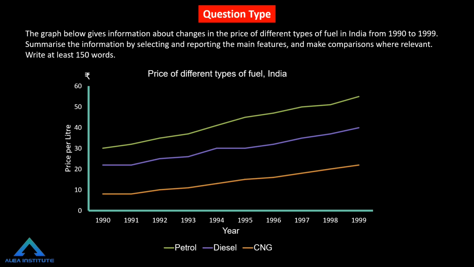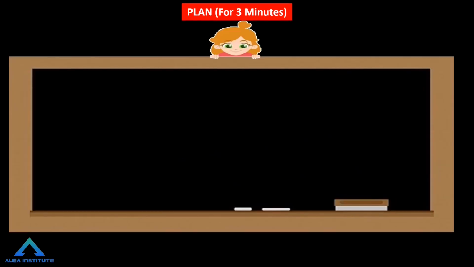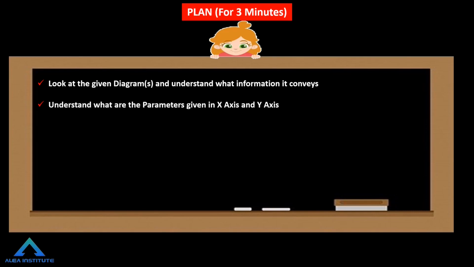First, out of 20 minutes, we will take 3 minutes to plan. In this planning stage, we will first look at the given diagram or diagrams and try to understand what information it conveys. Then we will try to understand what are the parameters given in x-axis and y-axis. We will decide how to divide 2 description paragraphs.